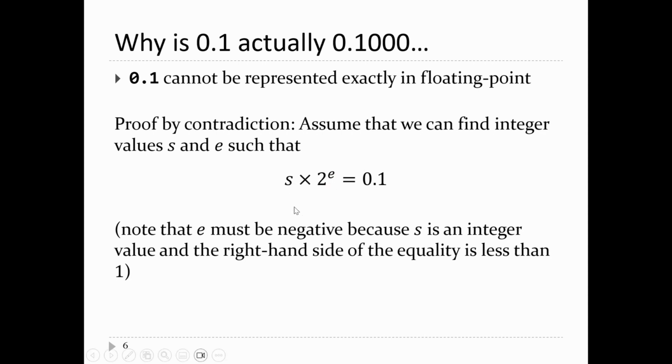Because if e is not negative, then the left-hand side is greater than or equal to 1, since s and e are integers. Sorry, greater than or equal to 0. So e must be negative, so that's 1 over 2 to some exponent e.